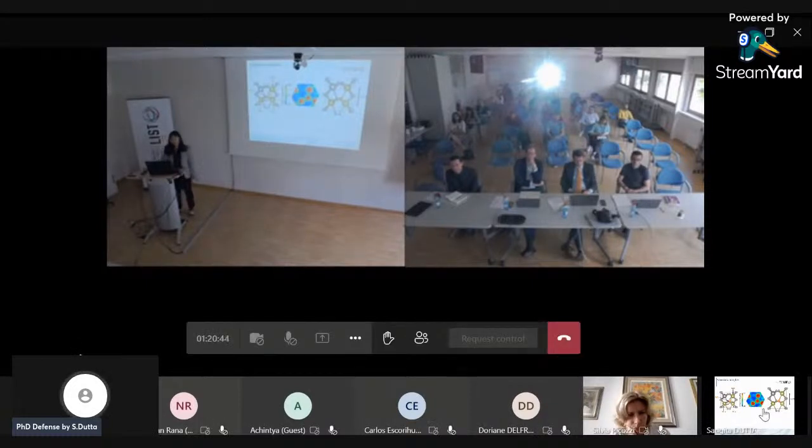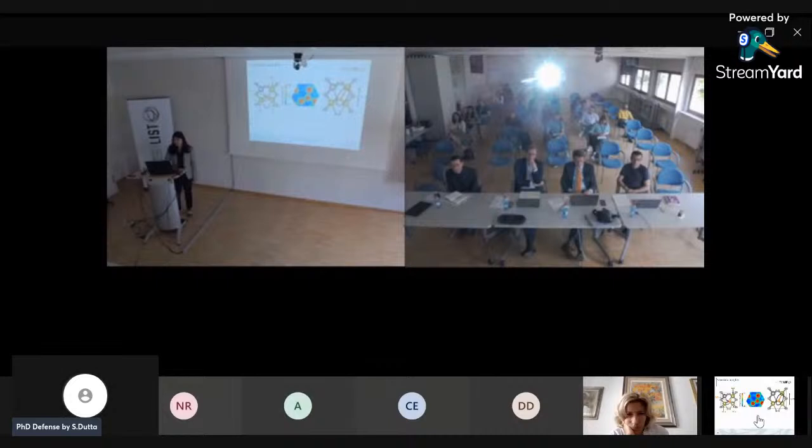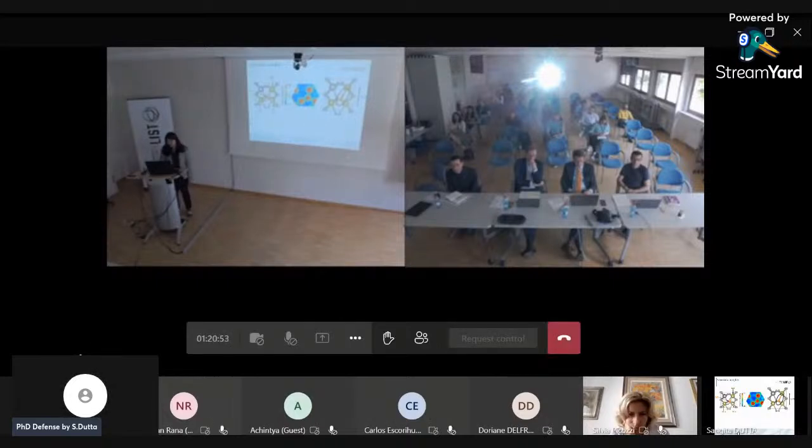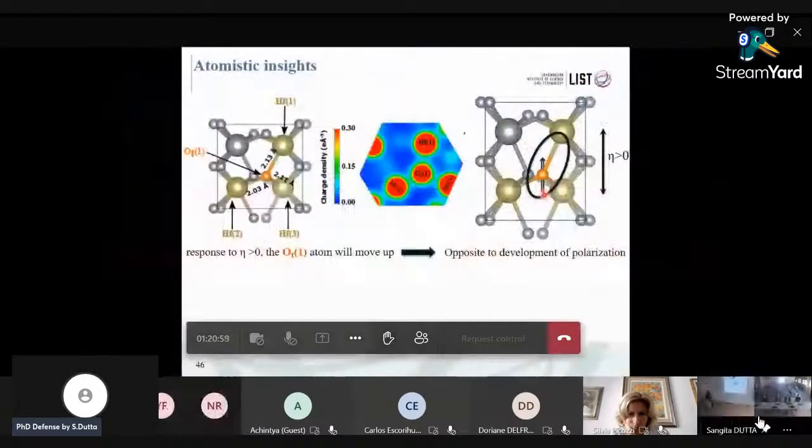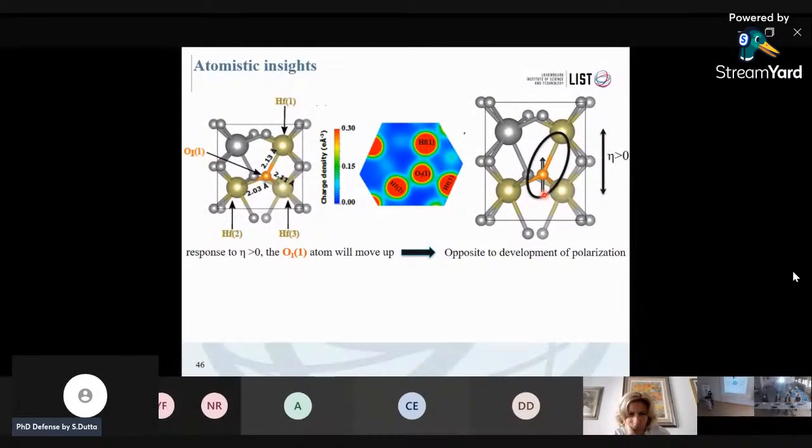But importantly, one thing you should remember is that while we are stretching, this bond will be mostly affected because this is the vertical bond. So to preserve this bond length, these oxygen atoms will move, and again this is opposite to the direction of the polarization.